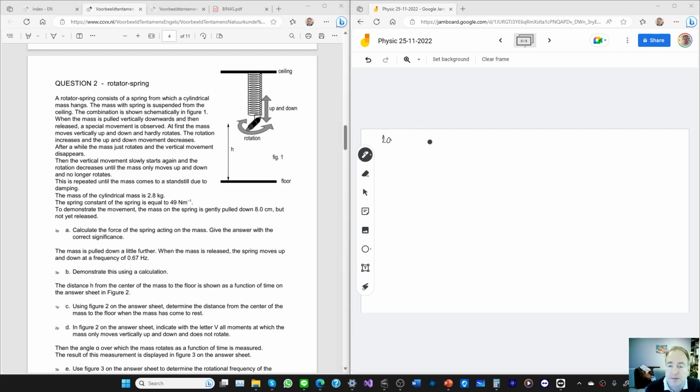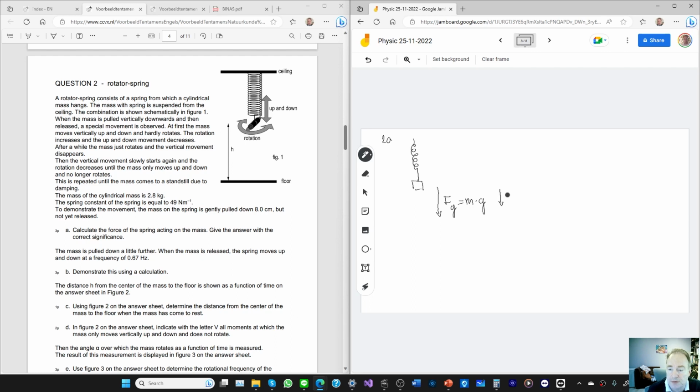Let's draw the free body diagram of the mass here. So we have a gravitational force acting downwards, which is given by the mass times g, and it's also pulled down by 0.08 meters.